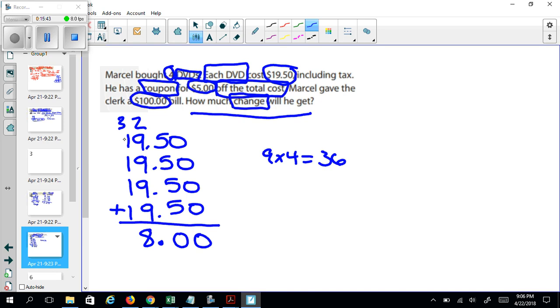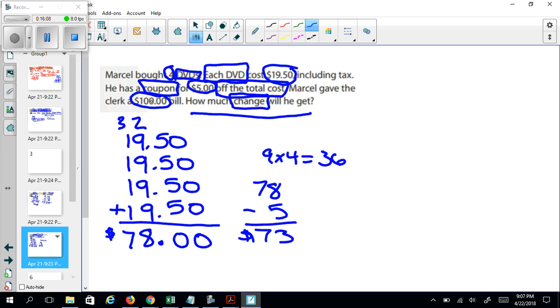So we have 3, 4, 5, 6, 7. So that's a total of $78. But remember, we have a coupon for $5 off. So what we're going to do is take $78 and subtract $5. So when we subtract it, we get $73.